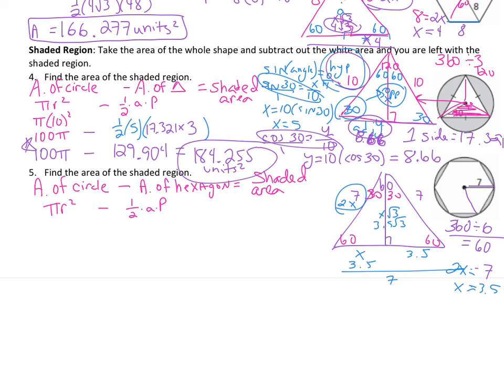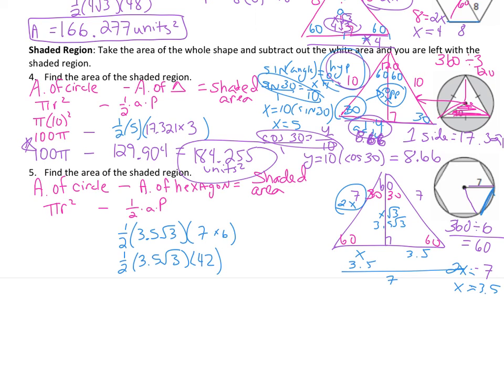So now we've got our pieces for the a and our capital P. So the little a is our 3.5 square root 3. For our perimeter, we need to take the 7 of this outside piece, and there are 6 of them, so times 6, that would be 42. So we've got 1/2 times 3.5 square root 3, and then times 42.